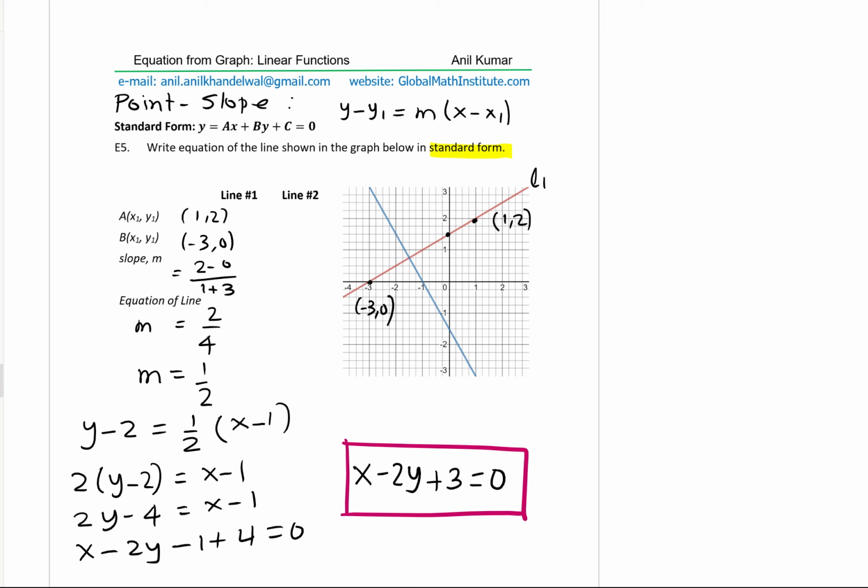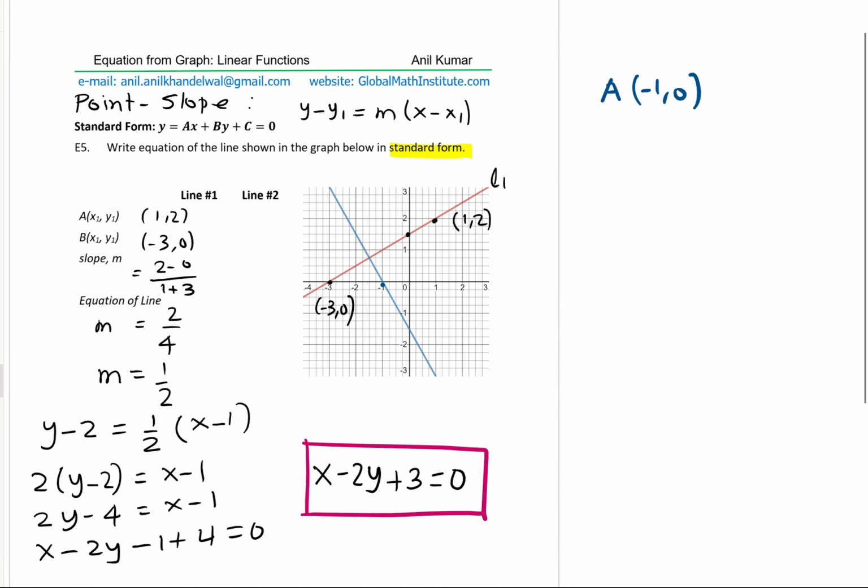So let's take the second line where we have to identify some good points. This is a good point. So we are saying point A for us is minus 1, 0. Another point on this line could be, let's see.